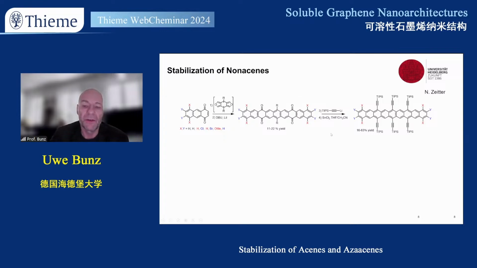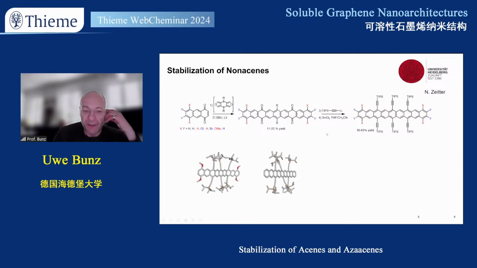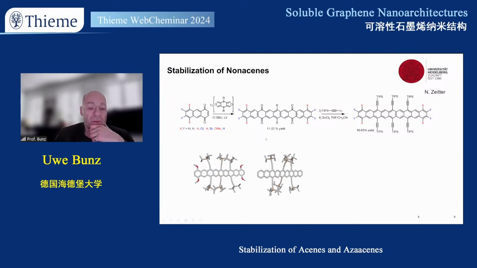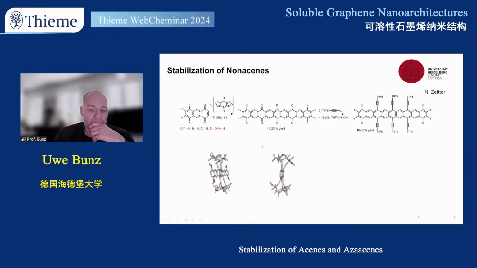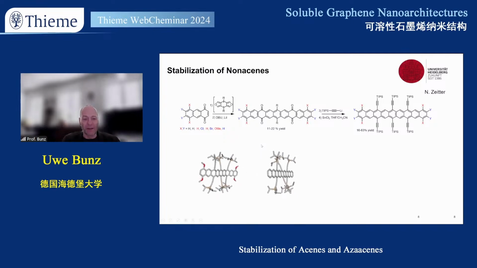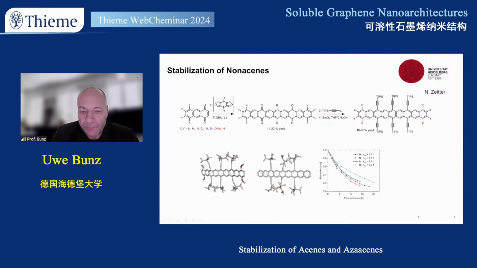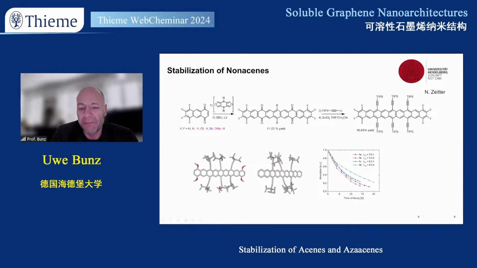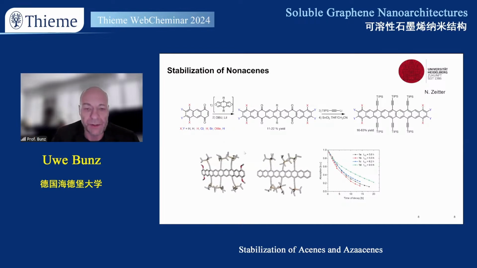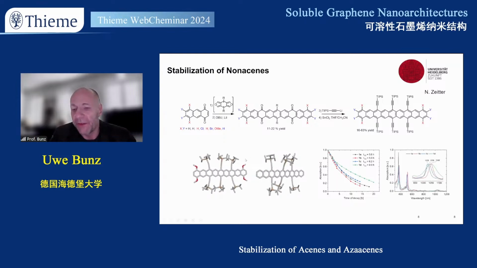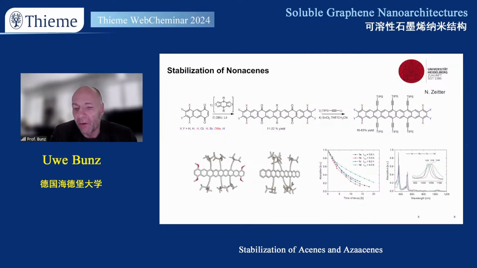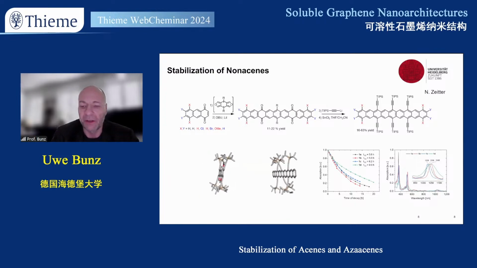And you can get the nonacenes out here in 16 to 63% yield, depending upon substitution. One of the things we found very interesting is that the most stable one here is the one where you have alkoxy groups in these positions, which was sort of unexpected. However, their half-lives are not particularly long. So the longest one has a half-life of 9 hours. Here you can see the absorption spectra. They all center around 1000 nanometers.